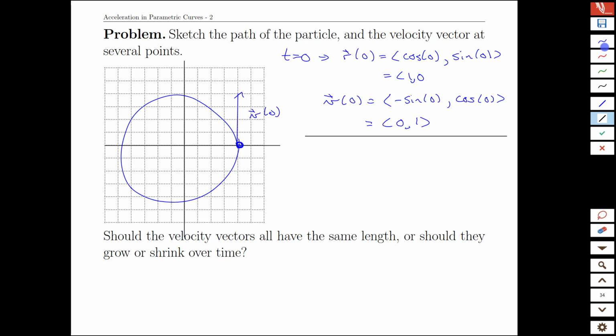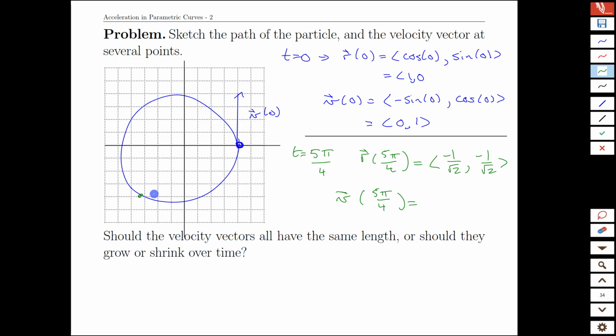We can do this at more exotic points as well. Let's go to, say, 5 pi over 4, just for variety here. If we find our position, we can run that through the cos and sine function, and that's going to get us down to this corner here, which will be negative 1 over root 2 and negative 1 over root 2. The matching velocity at that instant is going to be defined by negative sine of 5 pi over 4.